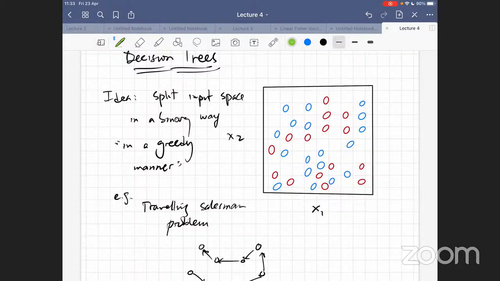Let me try to cut here. I have this first split. This first split is the optimum one, taking into account some sense of purity.